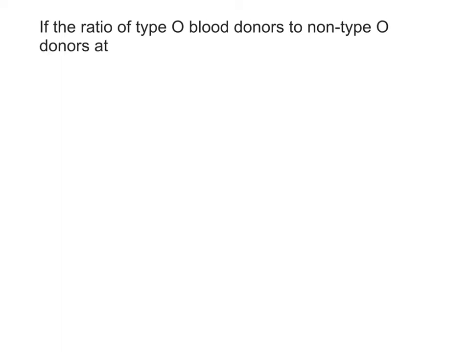If the ratio of type O blood donors to non-type O donors at a blood drive is 37 to 43.